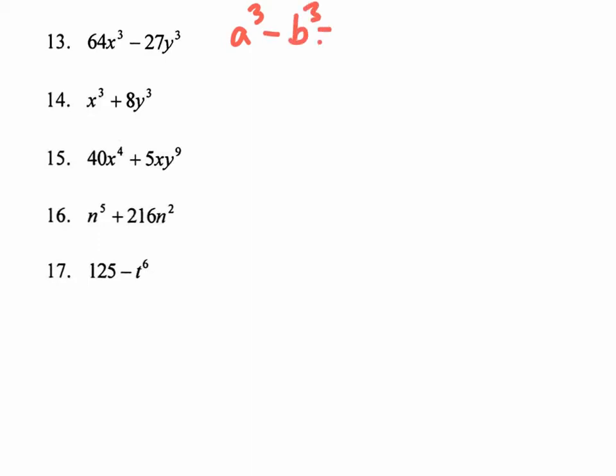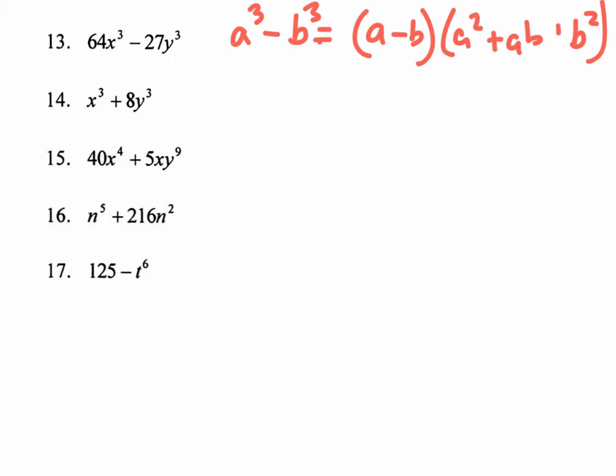Then of course you could write your formula: a minus b, then parentheses, a squared, ab, b squared. If the first binomial was a minus, you're going to have a plus on the ab, and always a plus on anything squared in the formulas.